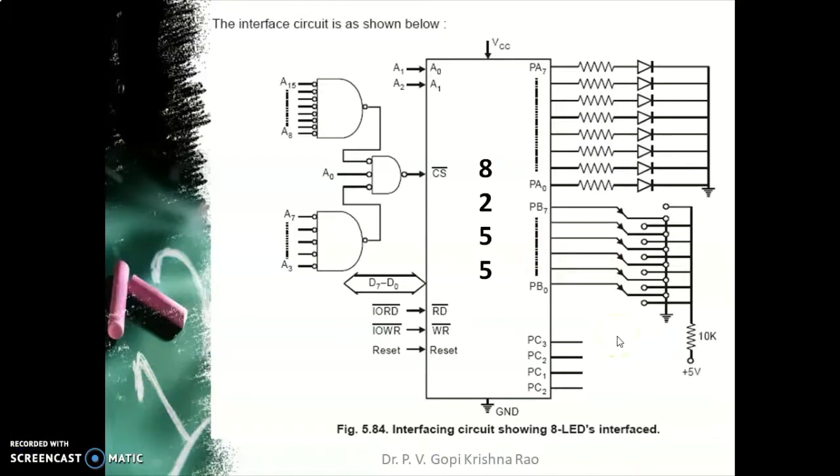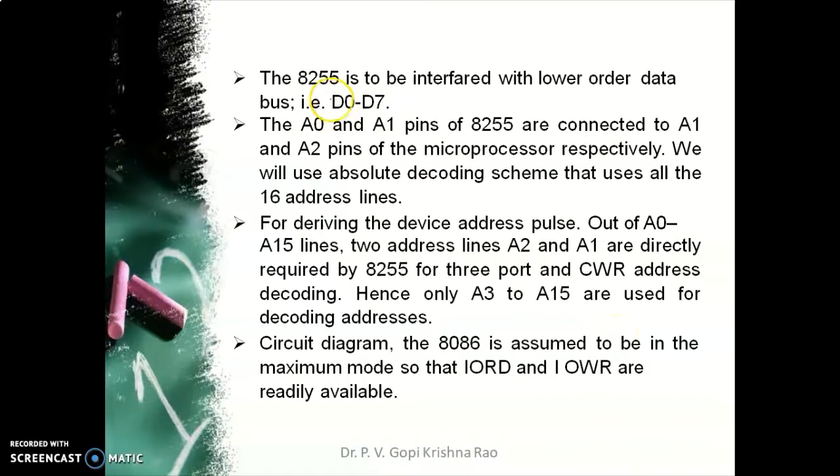So what have we done so far? We have interfaced 8255 to the lower data bus of 8086. The A0 and A1 pins of 8255 we have connected to A1 and A2 pins of the microprocessor. And we have used absolute decoding and all 16 address lines because we are connecting 8255 as IO mapped IO.